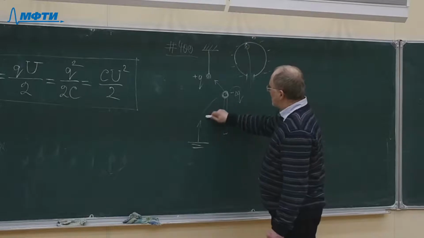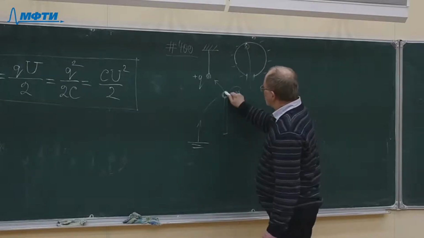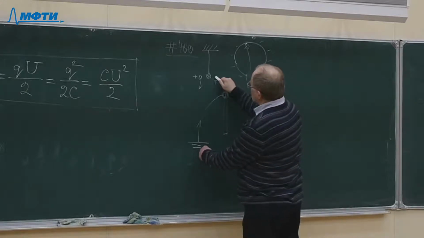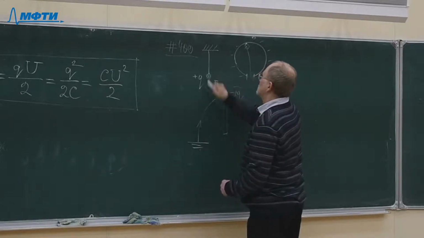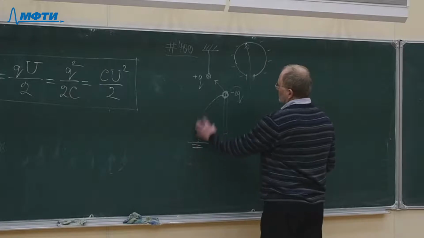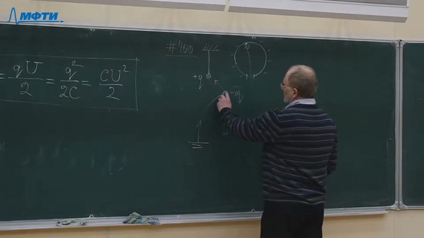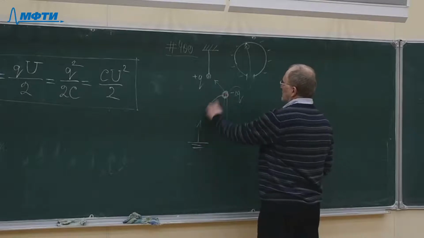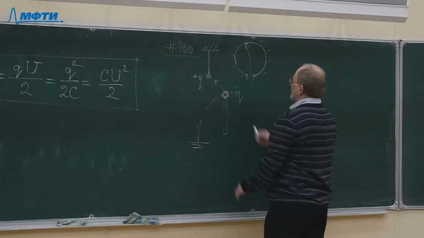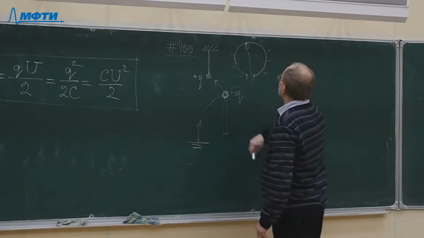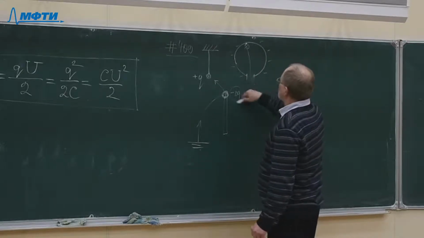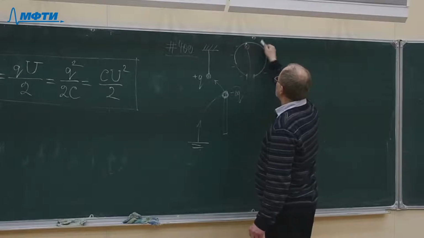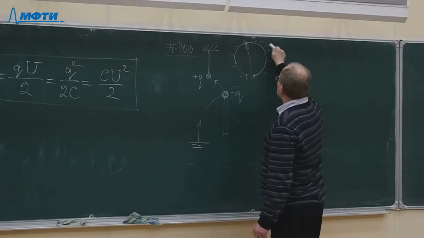Repeat it again. We connect the small ball with the ground, we earth the small ball and put it closer to the first charged ball, and then the small ball is charged by electric induction. Then we disconnect it and put it again inside the large sphere, and again the charge which is here will be distributed on the surface of the large sphere.